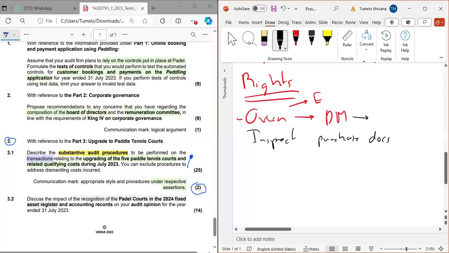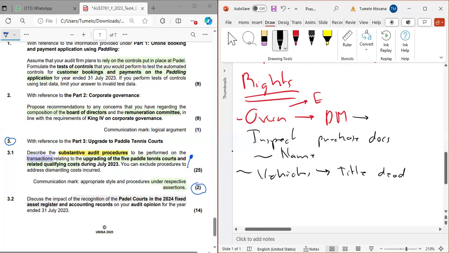As I go through those purchase documents, I want to check whether the purchase document is in the name of the entity, right? If, for example, I was dealing with vehicles, I would want to check the title deed, because this gives me a clear indication whether I own the asset or not.